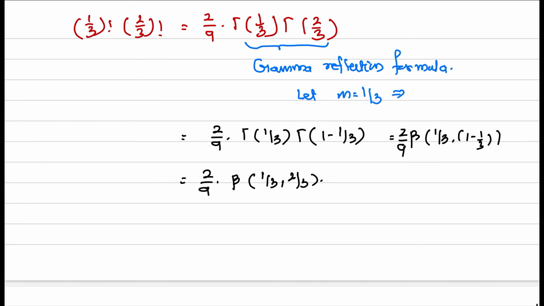Now, from the definitions, what is the value of beta 1 by 3 comma 2 by 3? There is one formula which I am not going to prove, it will be very lengthy. This particular lecture will be very lengthy if I try to prove all this. There is one formula from standard formula from beta values.